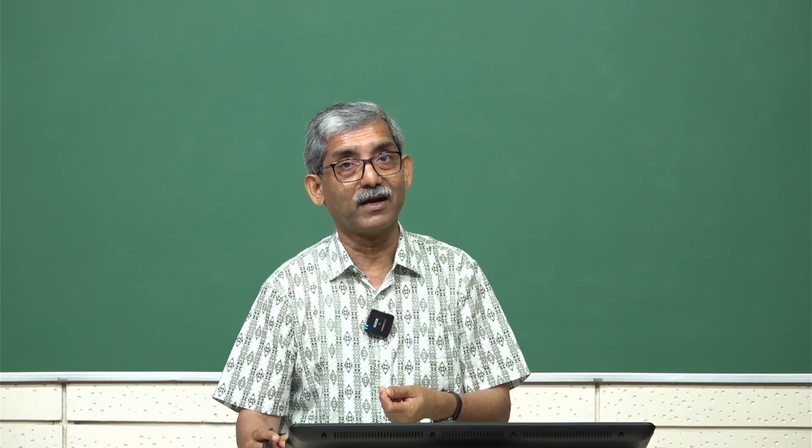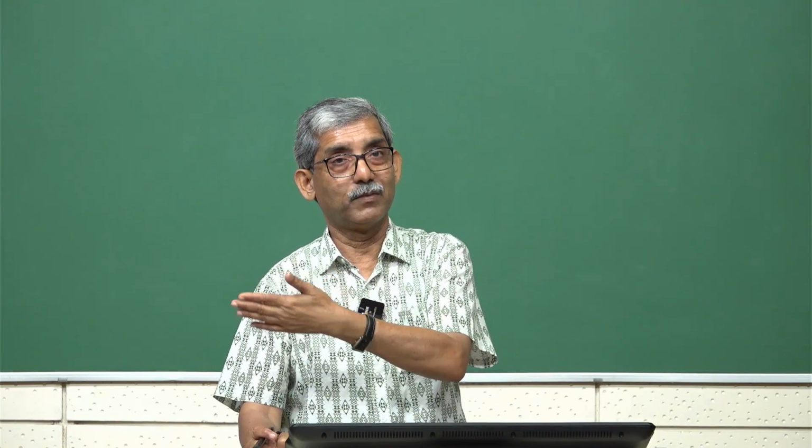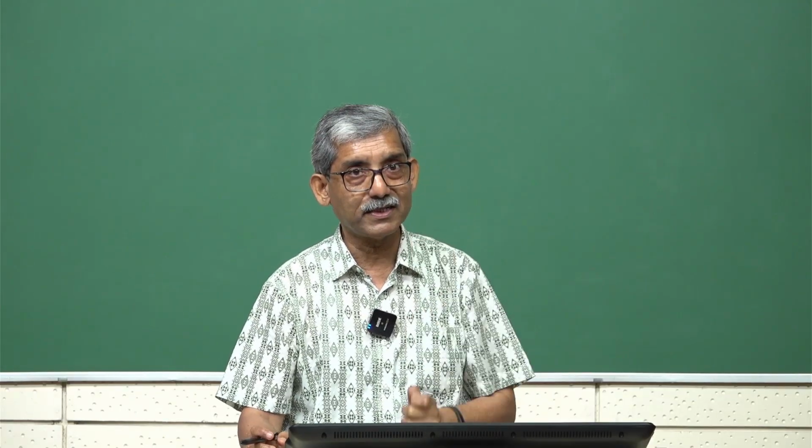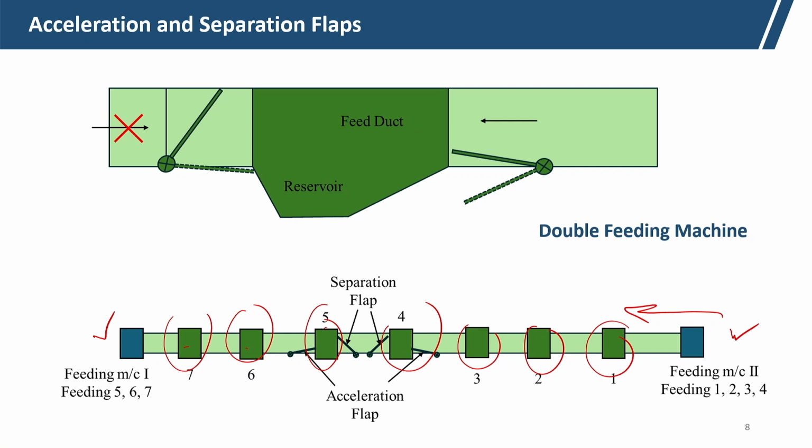If instead of this we use a single feeding machine, then the distribution may not be uniform. Here you can see our target is to feed by machine 1 up to the 4th. So, we must stop the fiber flow from feeding machine 1 after the 4th.